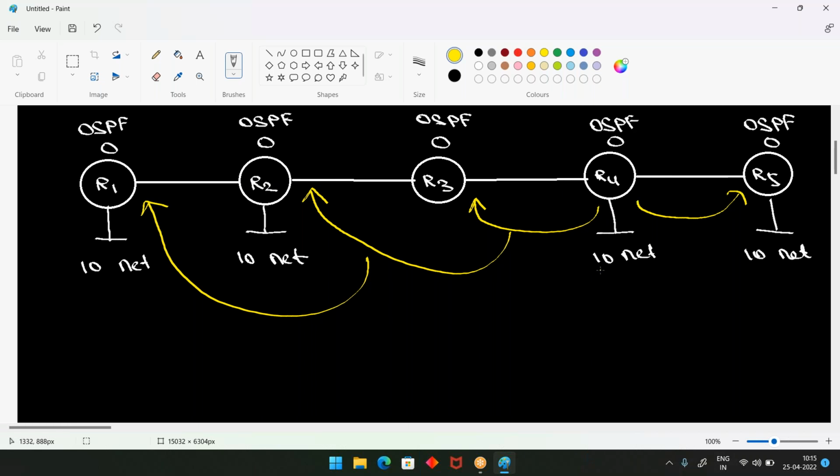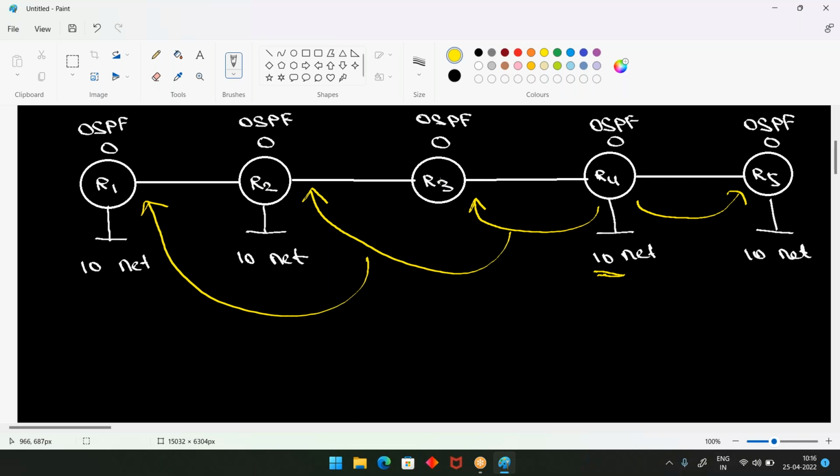So the R4 router will share its 10 networks' information with the remaining four devices, because these four devices belong to the same area, area 0.